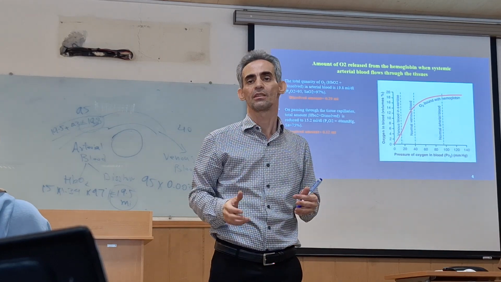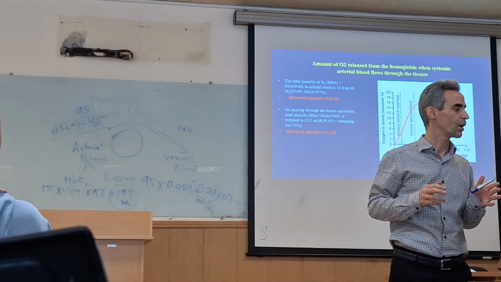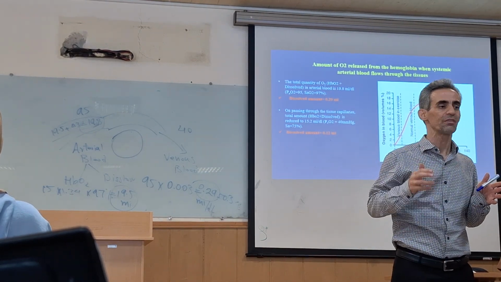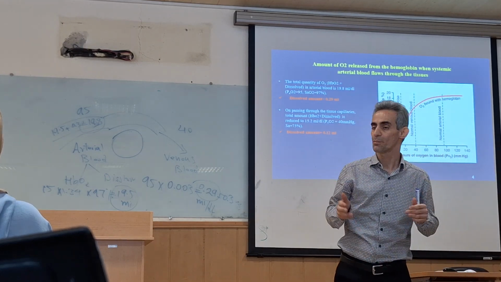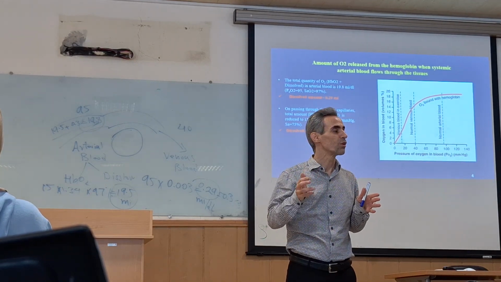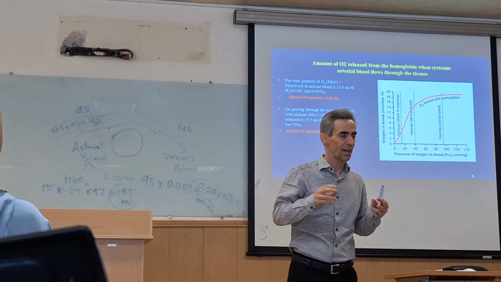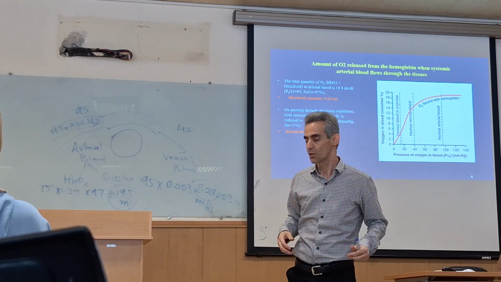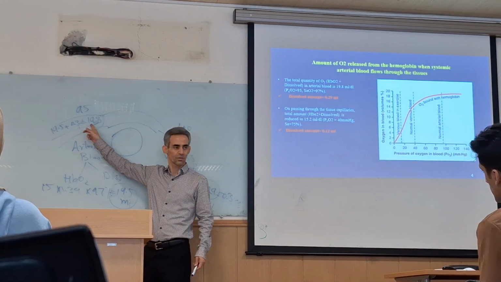So inside each deciliter of arterial blood we have 19.8 milliliter of oxygen. From 19.8 milliliter, 19.5 milliliter is by oxyhemoglobin and the remaining 0.3 milliliter is dissolved. You should know this amount.